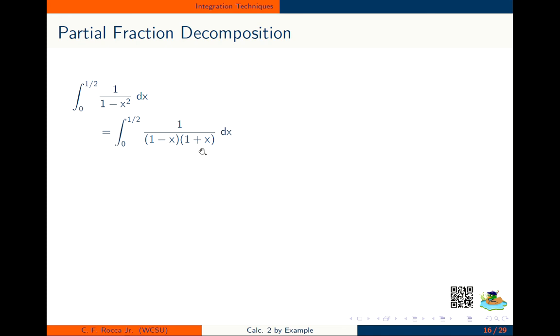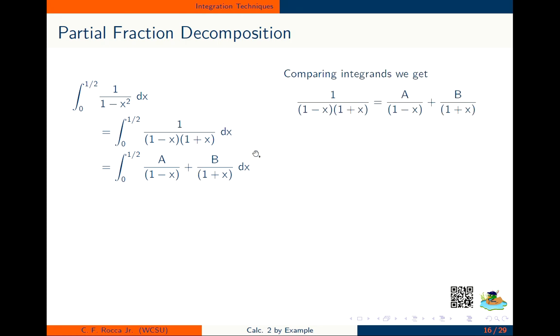And so now I want to find a way to rewrite this integral as an integral that looks like this, where I have a constant over 1 minus x plus another constant over 1 plus x. All right, so we have to work to make those two integrands match.